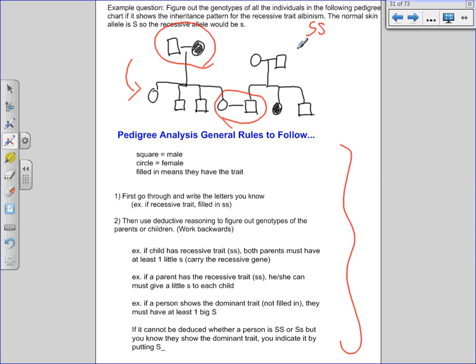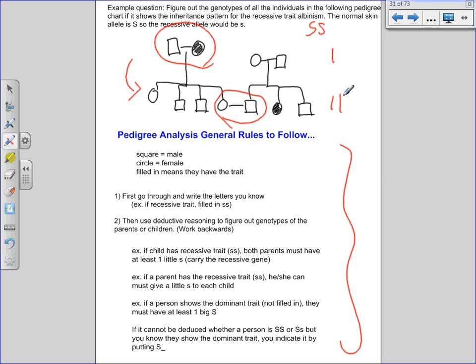Okay, so probably the easiest way to go through this, oh yes, and this is generations. So this would be generation 1, and this would be the second generation, their offspring.